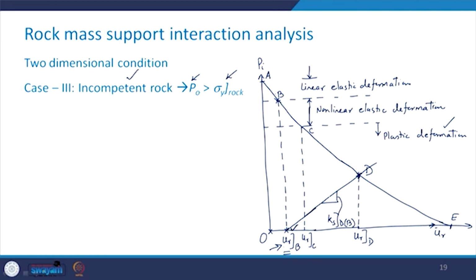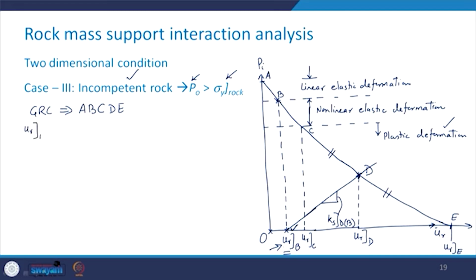So, basically in this case now, GRC is going to be the curve A, B, C, D and E, that means this curve. Now, here at this point E, this URE.